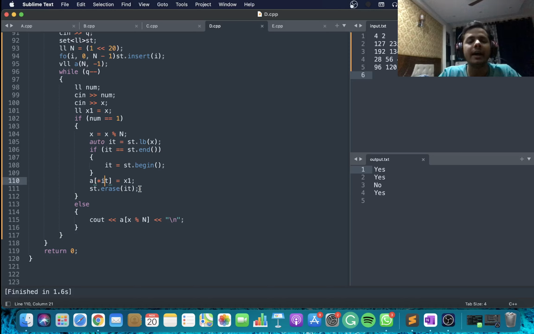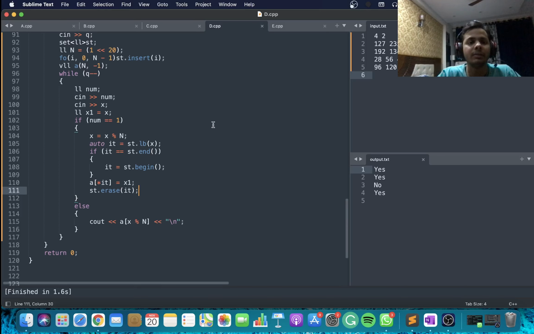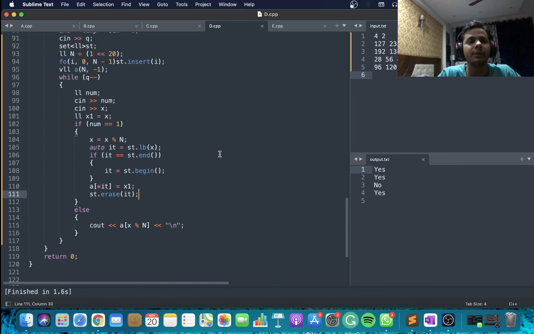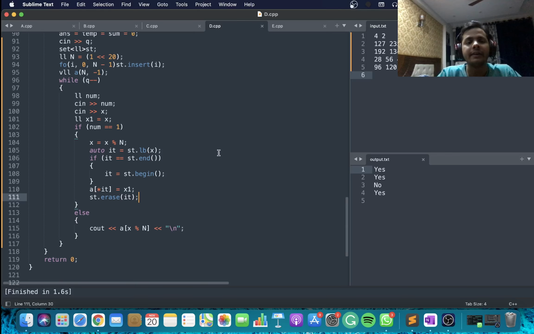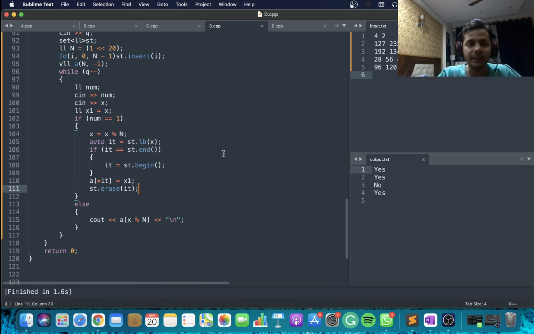And then I have to make sure that I delete this iterator it from my set, because that way I am maintaining in my set only those indices which are -1s, right? I hope I was able to explain it well enough, because this is a really important concept. And yes, this concludes the solution to problem D.